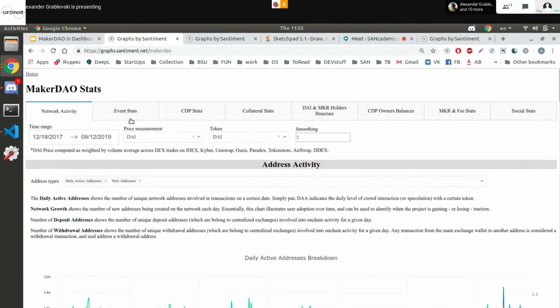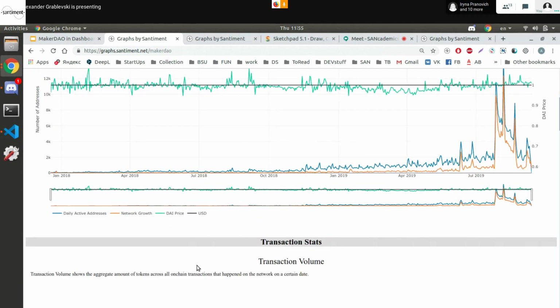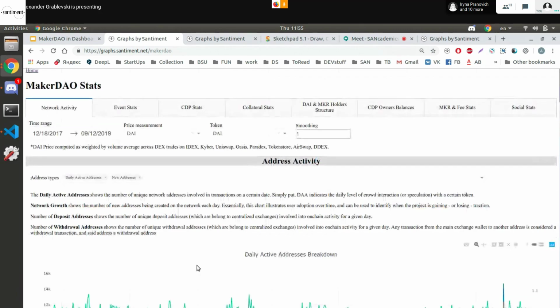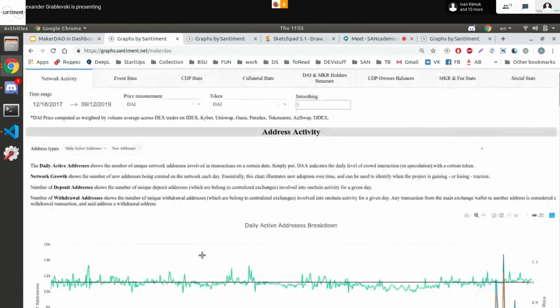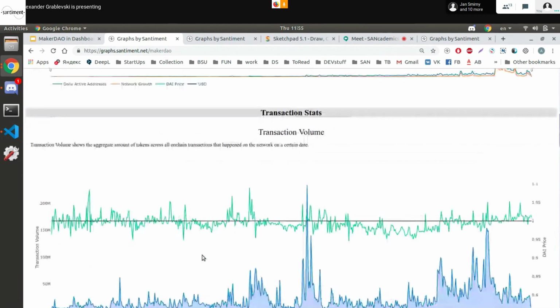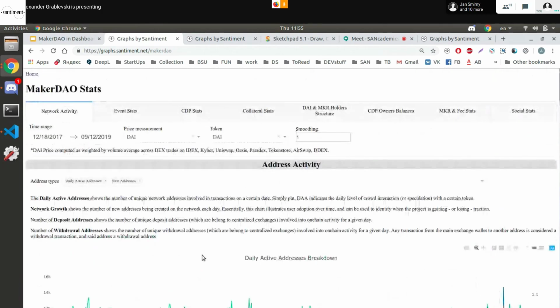Let's go one by one. Network activity is about on-chain metrics. It's basically the basic on-chain stuff for the DAI token and Maker token that is present on our platform in Grafana or some other places like Santiment or OTP. I don't want to stop on this a lot, just show you how it works.